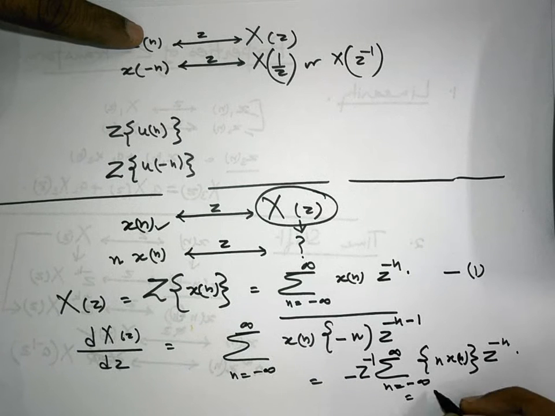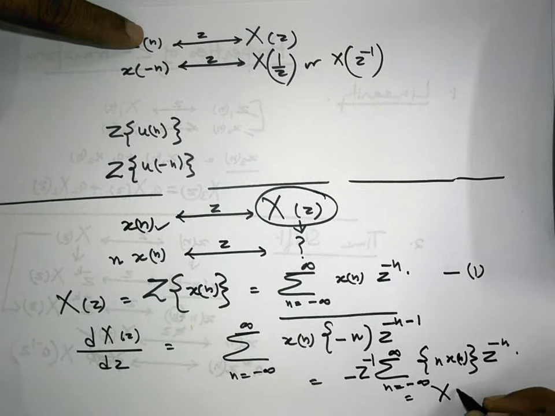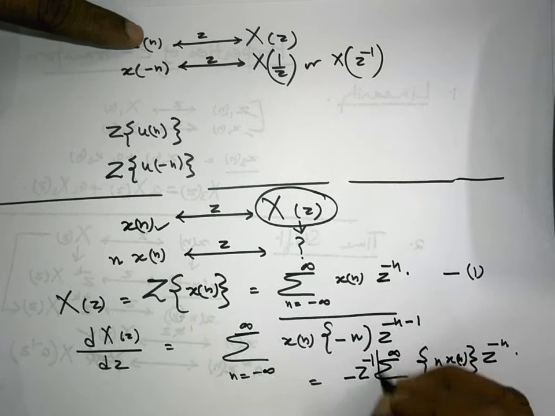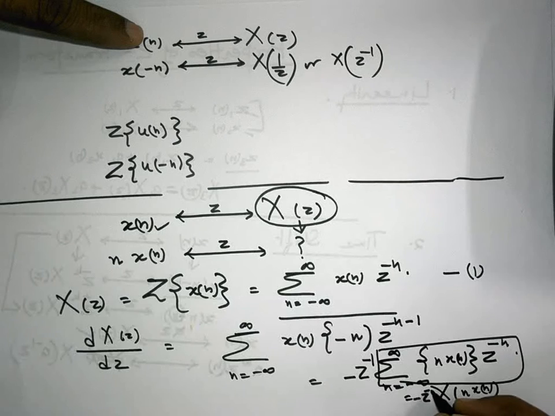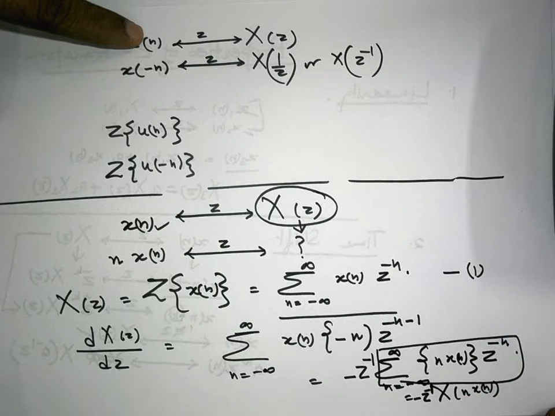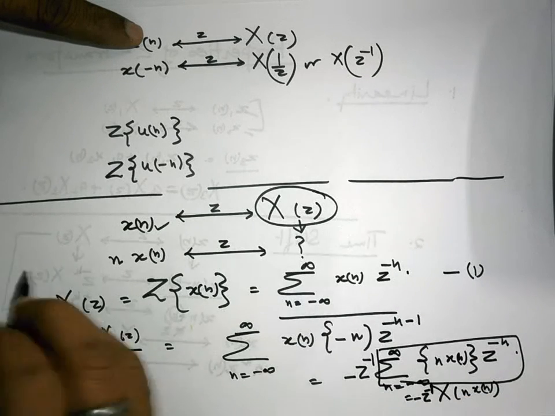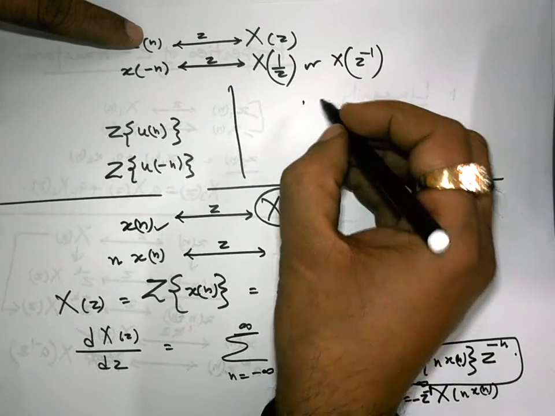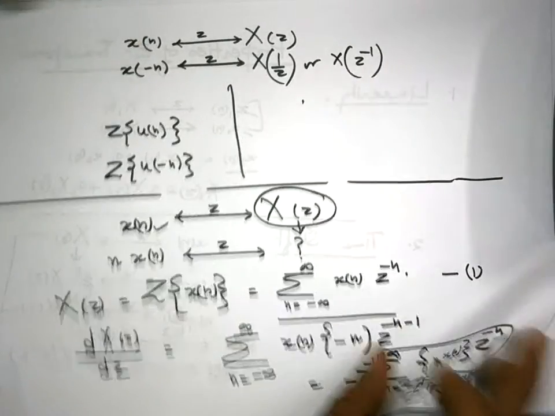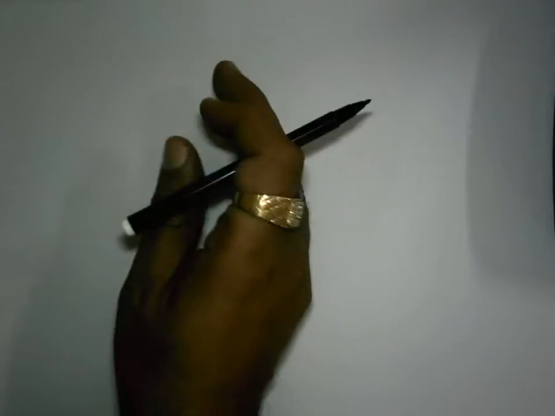So this is the Z transform of the signal n x[n]. This term is the Z transform of the signal n x[n], and this is multiplied with minus z to the power minus 1.